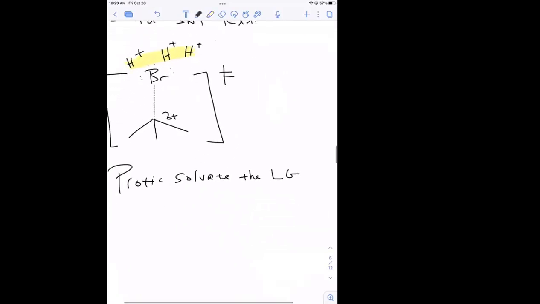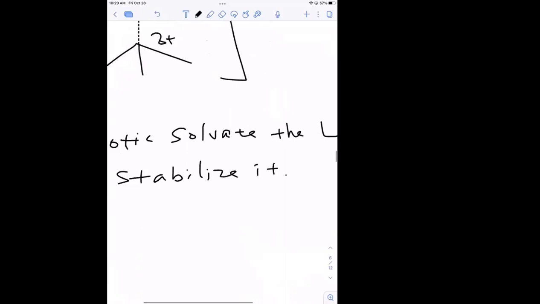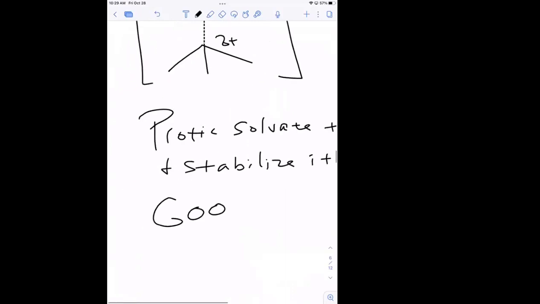They'll solvate the leaving group and stabilize it. That's good for the reaction.